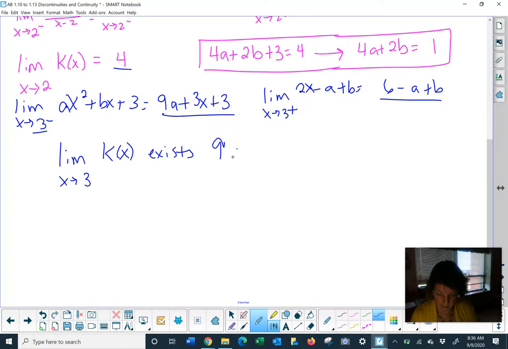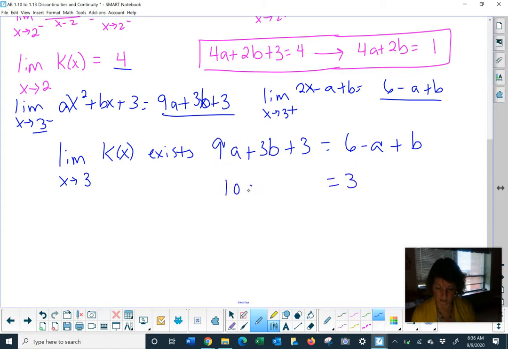I need 9a plus 3b, because I put in 3 for x, plus 3 equals 6 minus a plus b. And like that other one, let's get a's and b's on the same side. So I'm going to have 10a plus 2b equals 3.